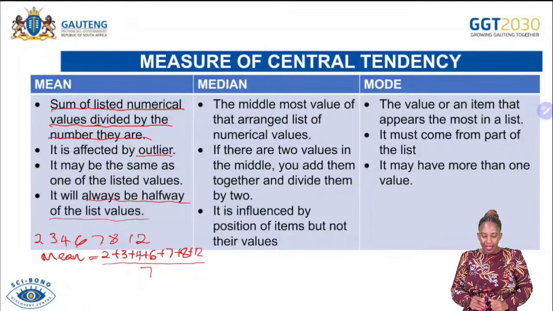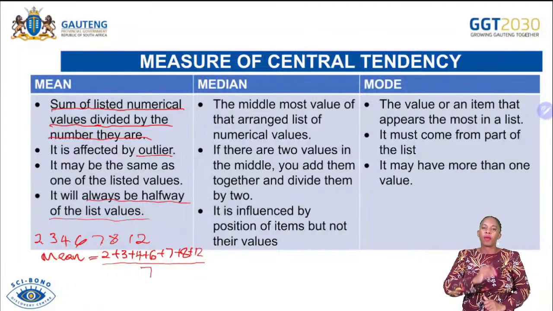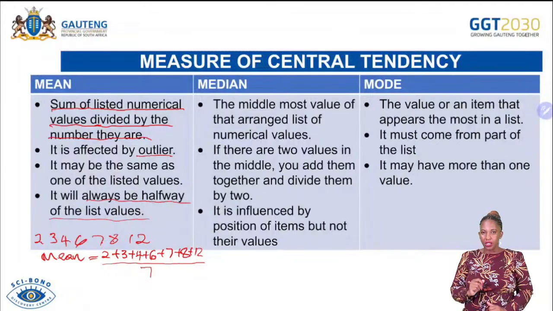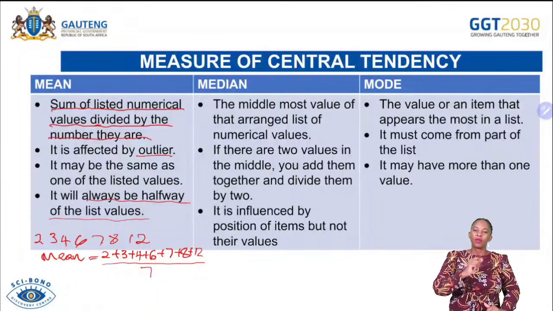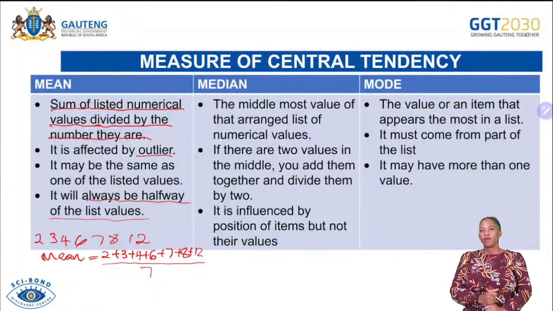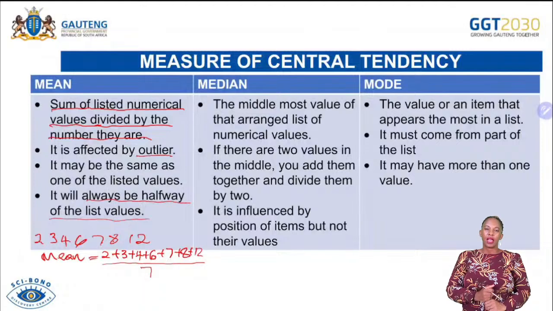And then again, maybe in class you are writing a mathematical literacy control test, or maybe your teacher gave you a baseline assessment, and now she asked, how much did you get? You give her your results. One will say maybe it was out of 30. One will say, okay ma'am, I got 25 or 26, and then the other one says I got 13.